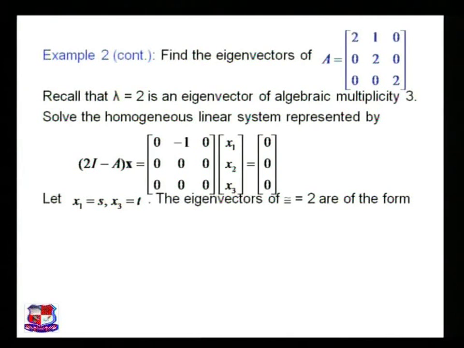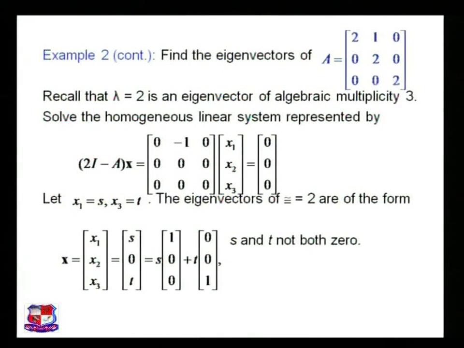So here the eigenvectors for lambda = -2 are of the form x = (x1, x2, x3), that is equal to (s, 0, t), and we can write it in the form s times the column vector (1, 0, 0) plus t times the column vector (0, 0, 1).